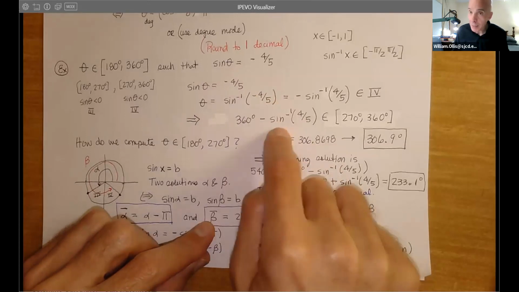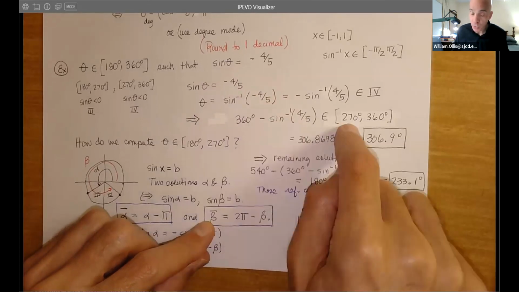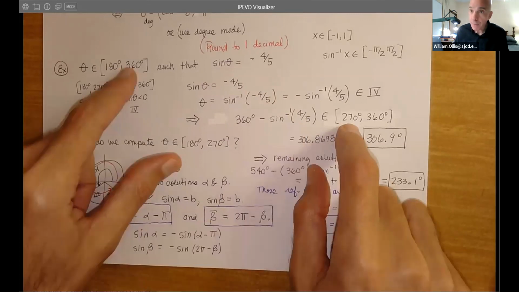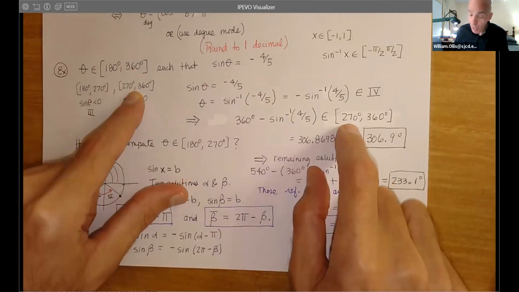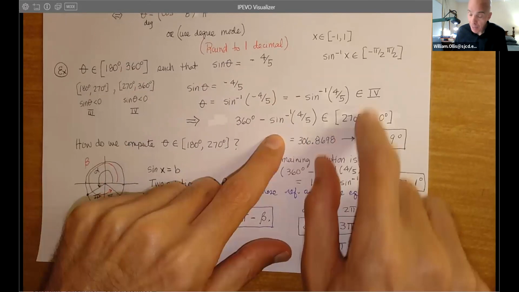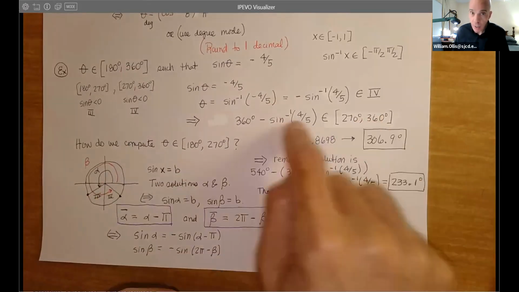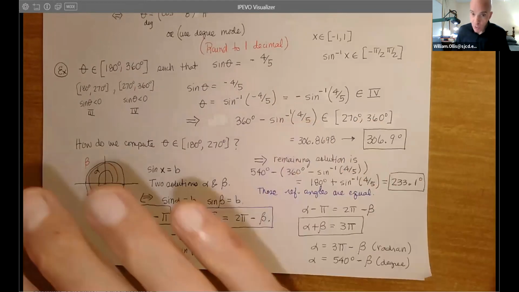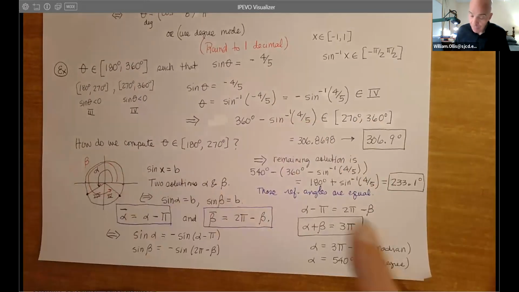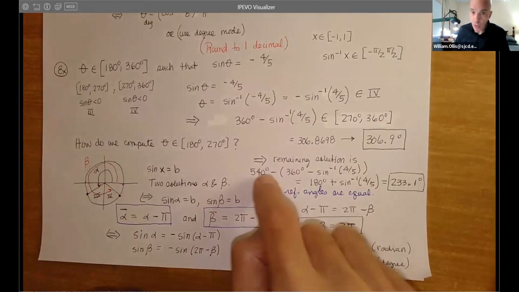You've got to correct it to get it in the fourth quadrant with a positive angle or positive radian measure like we did here. And then once you get this value, you can subtract that, as we proved here, from 540 degrees or 3 pi radians.